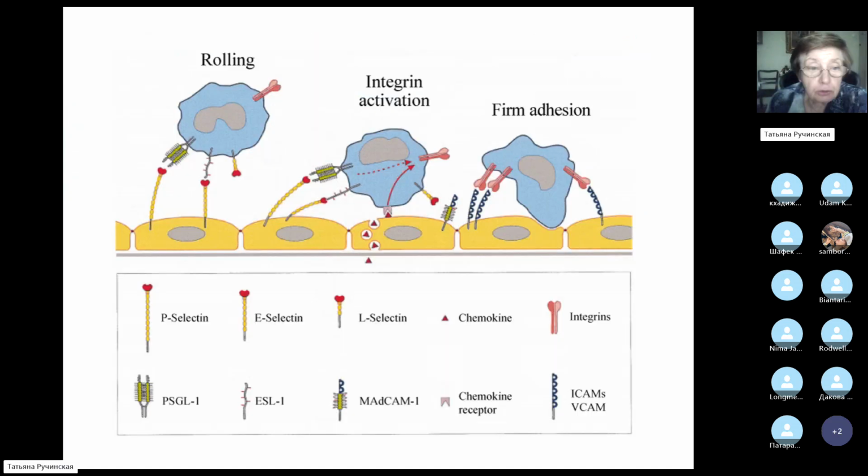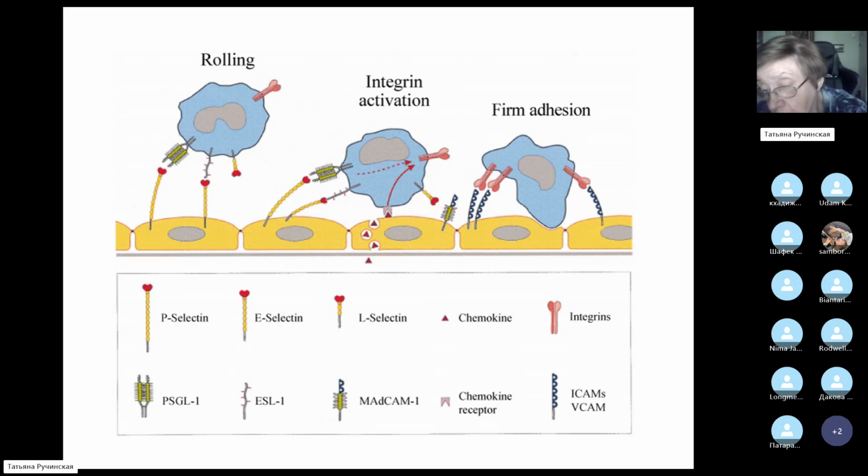Look, you see there is rolling first, meaning integrins and E-selectins have a very weak contact, but the last picture shows you that integrins bind to ICAM and VCAM, and it will catch the neutrophils with a stronger connection.